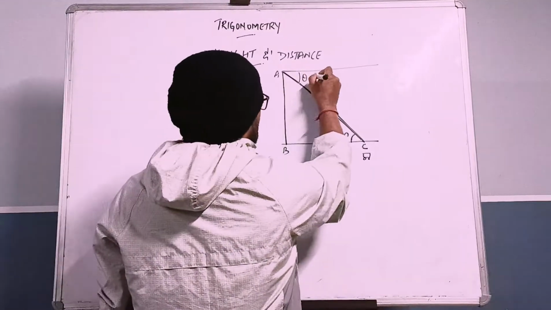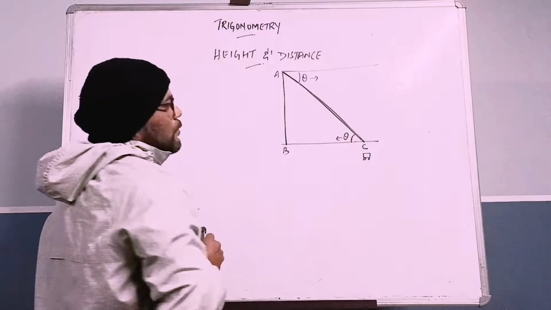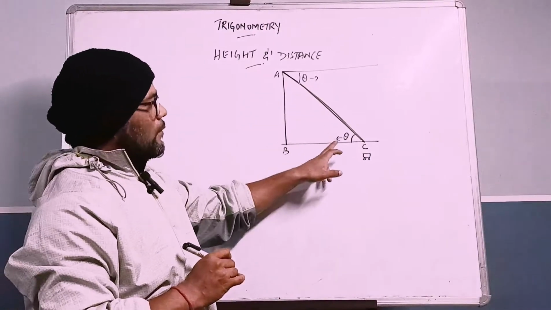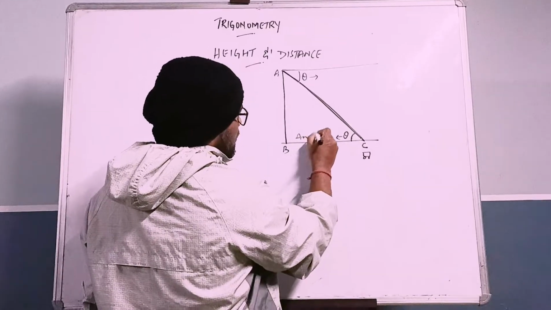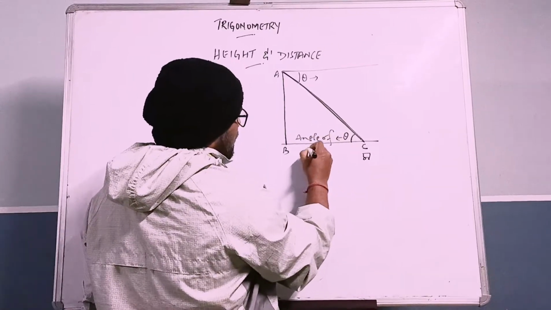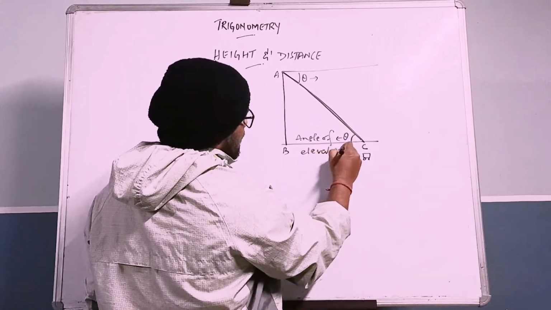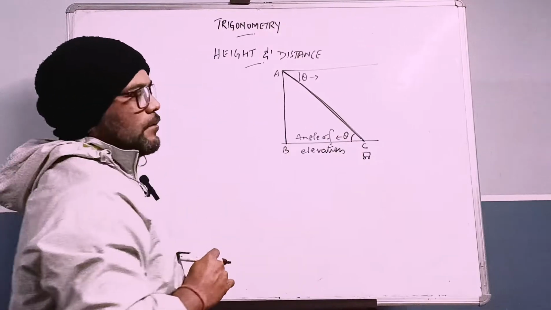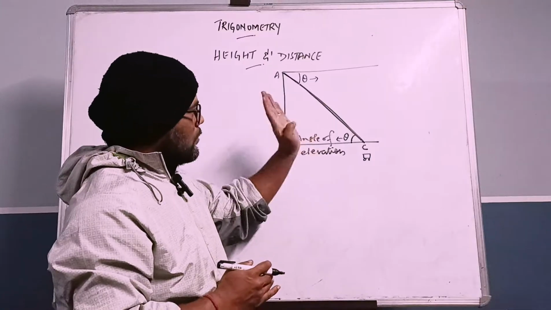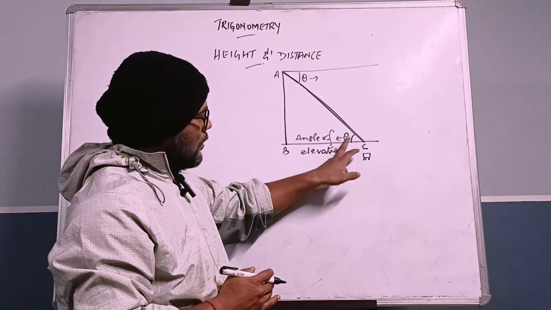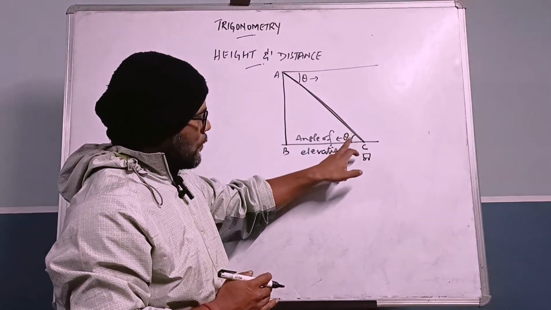In this chapter you must know the name of this angle. Whenever the angle is formed here, it will be the angle of elevation. So whenever the question gives you the value of the angle of elevation, you have to draw the diagram and write that value at this point.